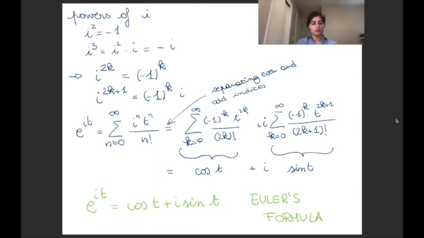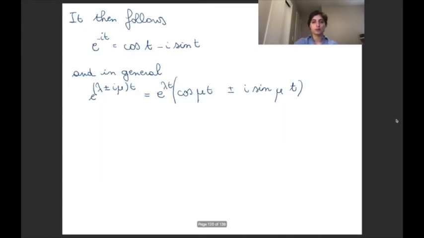The exponential of something real is something that tends to infinity very fast, or 0. This is the usual exponential curve. But the exponential of something imaginary is oscillatory between plus 1 and minus 1.